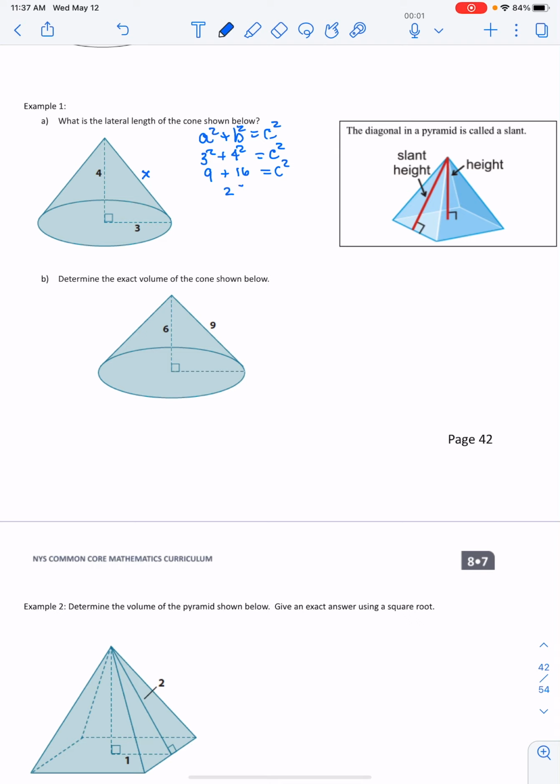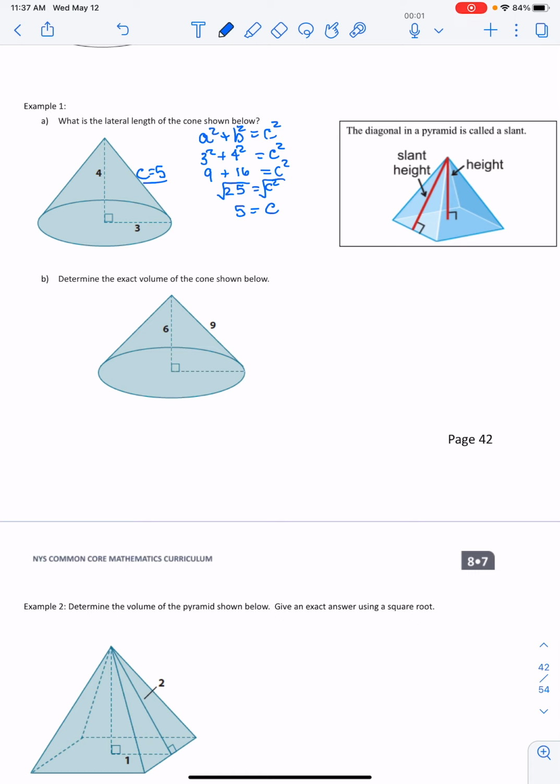I have 25 equals c squared. Taking the square root of both of these, I have c then is going to equal 5. And let me erase that, it should be c, actually. C is then going to equal 5. So my lateral length, or that side, is going to be 5.